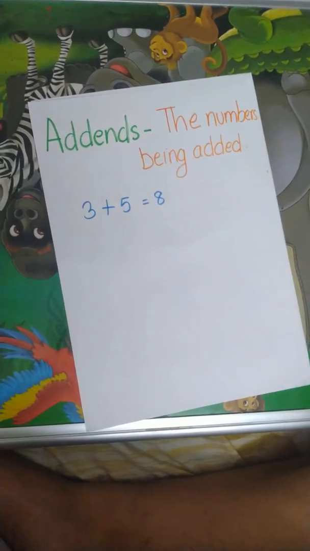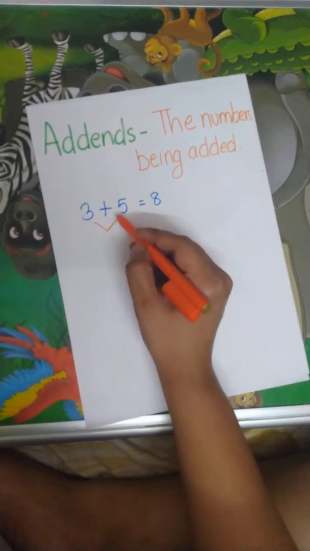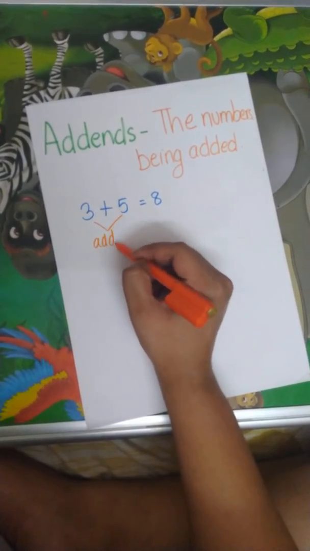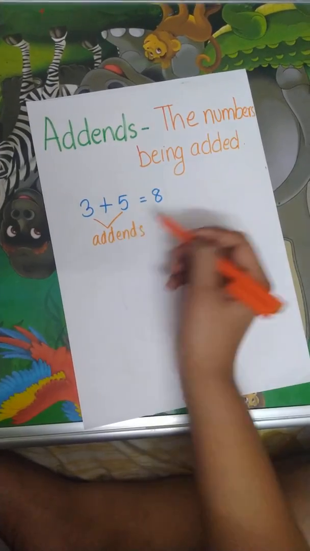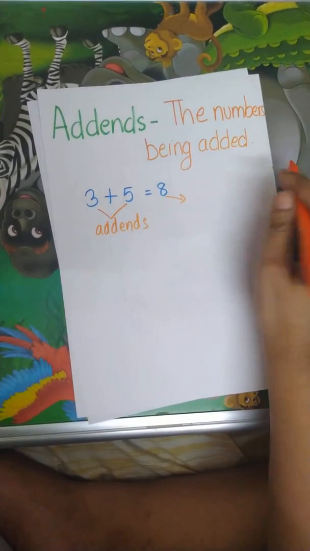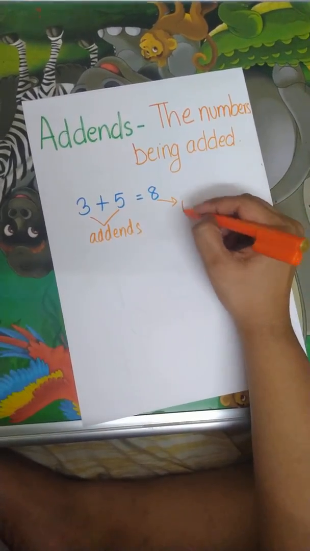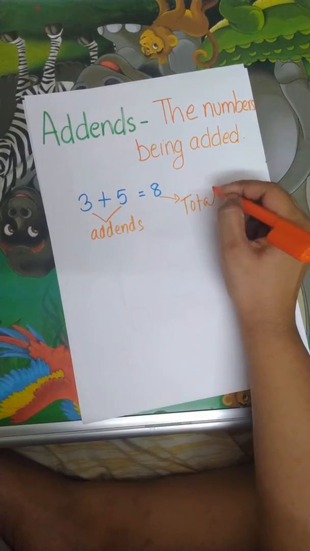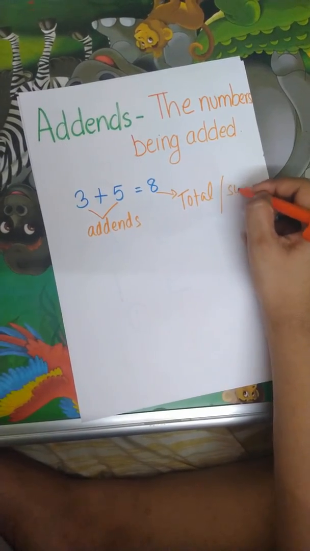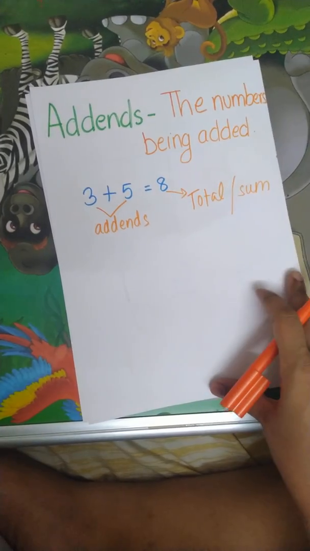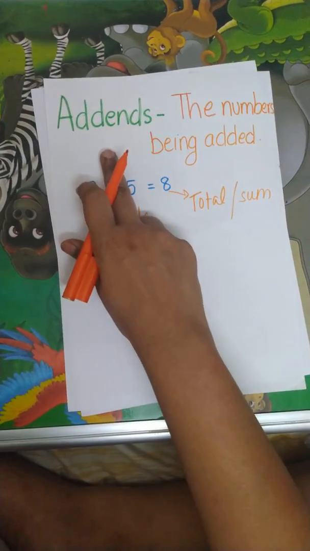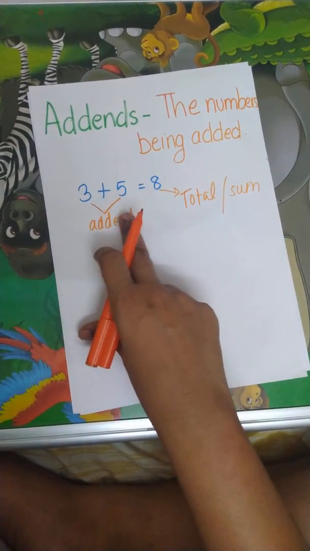So, 3 and 5 are what? These are called addends. And 8 is called what? The answer that I get, it's the total or sum, right? So addends are the numbers that we add.